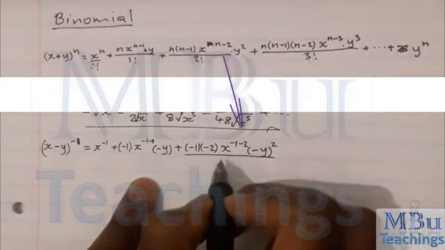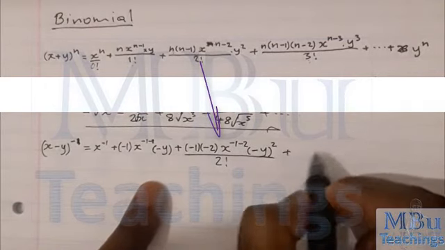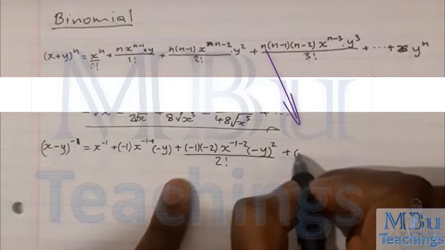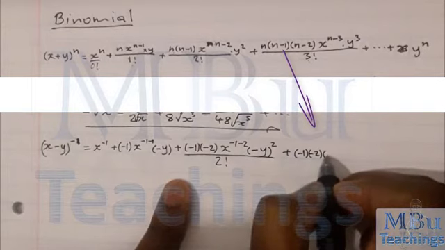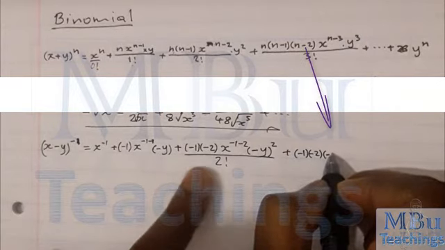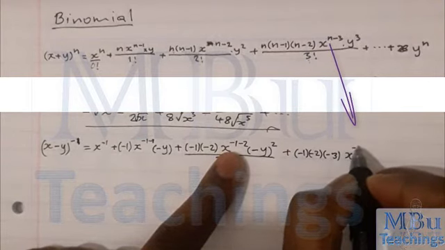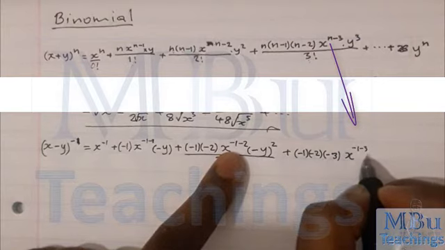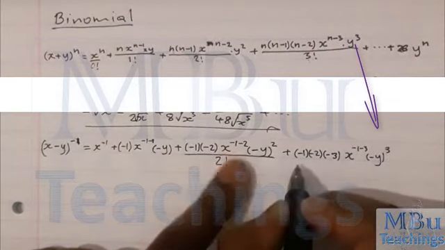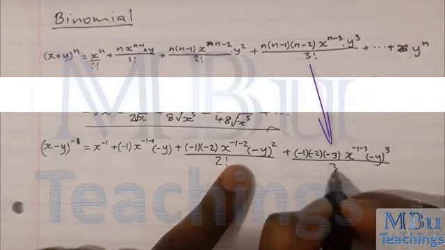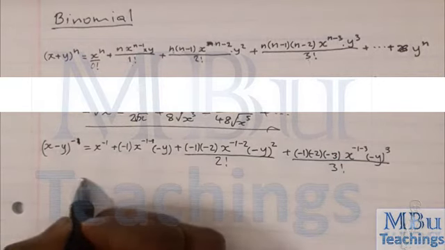That will be divided by 2 factorial, plus do the same thing, negative 1, negative 2, negative 3, x to the negative 3, into negative y cubed, everything divided by 3 factorial. So this is what we have.